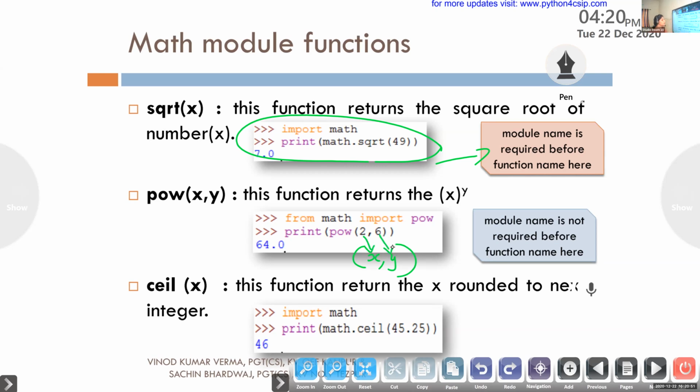And the ceil function will return the x which you are passing here to the next integer. So who can tell me, if I write here, Ashwin, the question to you, minus 45.25.